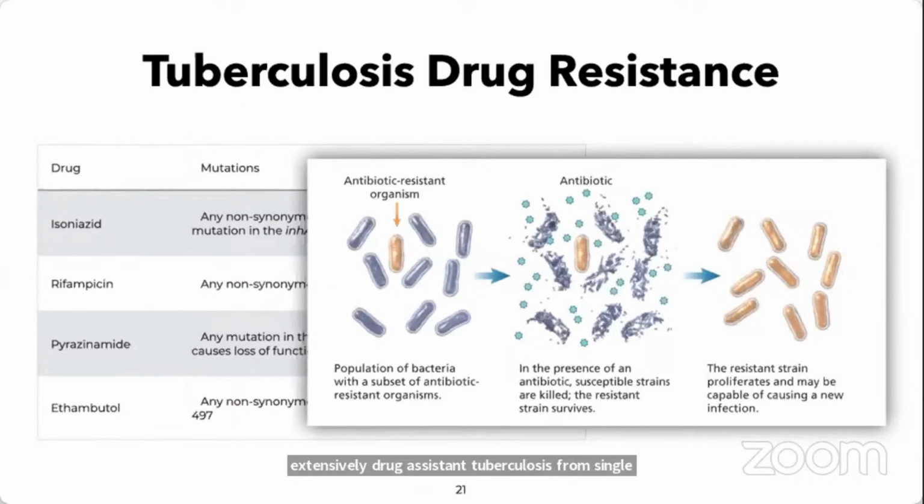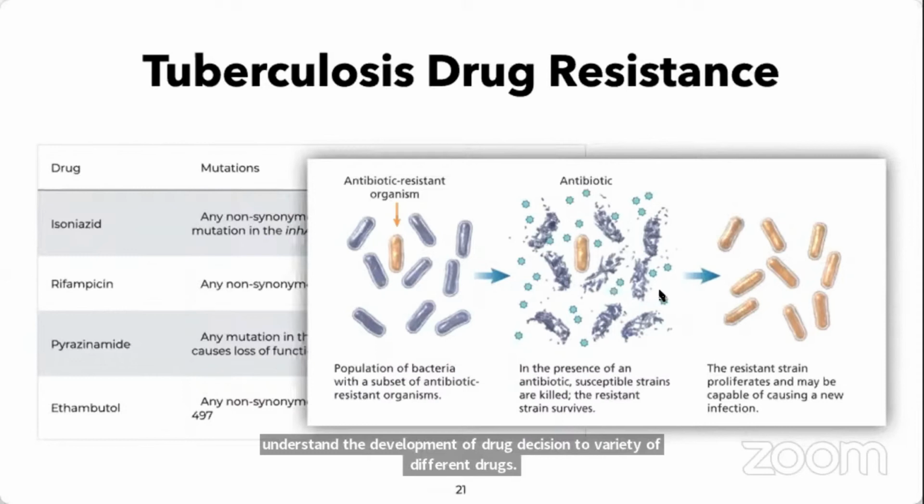And there are also studies, as you will see in some of the example projects that we have, such as a 22 year study performed in a single patient to understand the development of drug resistance to the variety of different drugs that were used to treat that specific patient.